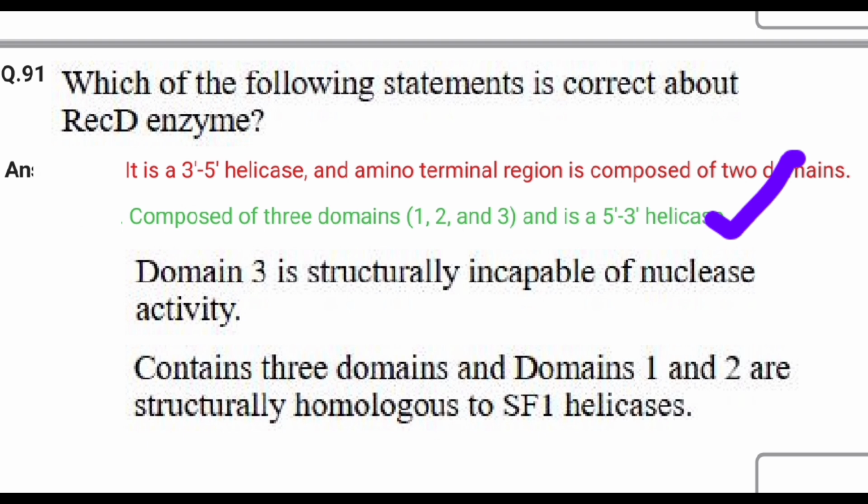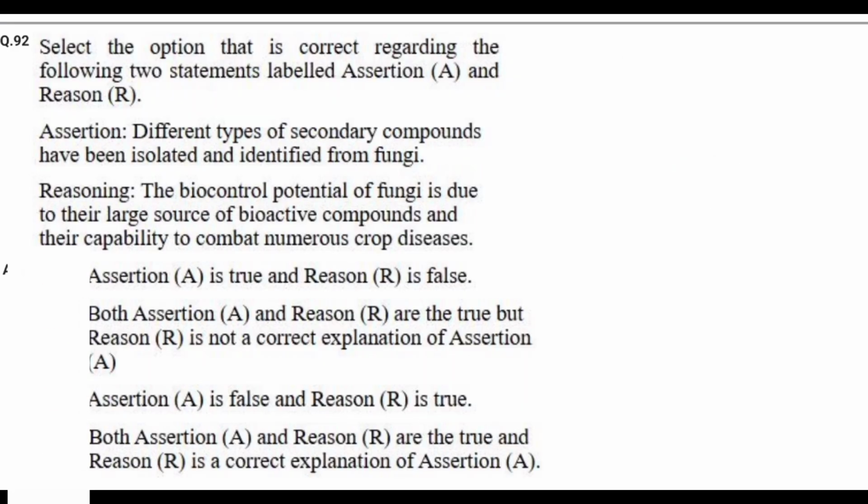Let's see the next question. Select the option that is correct regarding the following two statements labeled assertion and reason. Assertion: different types of secondary compounds have been isolated and identified from fungi. Reason: the biocontrol potential of fungi is due to their large source of bioactive compounds and their capability to combat numerous crop diseases.